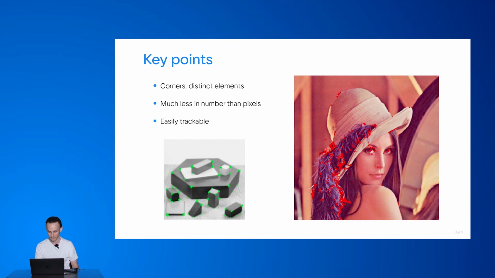On the right here, you can see that the majority of the key points are here on the fur of the head, and also somewhere else on the head. And the background has no key points. It has no distinct elements because it is blurred. It's out of focus. And even this point comes from some piece of fur from the head.